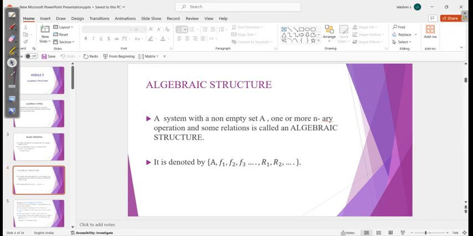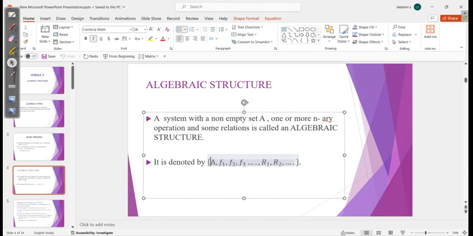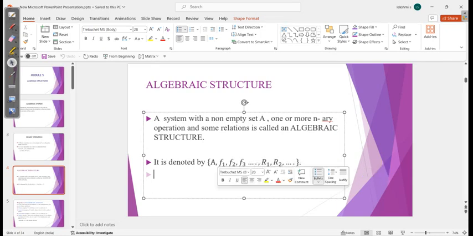An algebraic structure is a system with a non-empty set A, and there are some binary or n-ary operations, and it is known as an algebraic structure. That is, there is a set A and some functions f1, f2, f3, ..., fn, and relations r1, r2, r3. So an algebraic structure is a set with a structure. These operations can be addition, subtraction, etc.